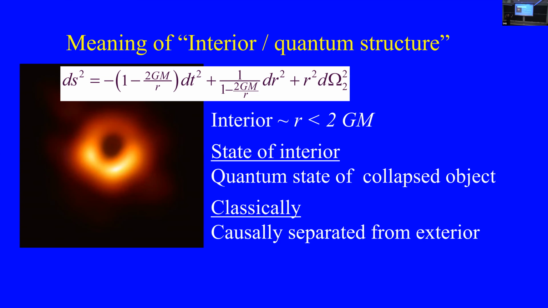And there is some spherical object, and this is a visual picture of that object. And classically, as we know, this state is causally disconnected from the exterior.